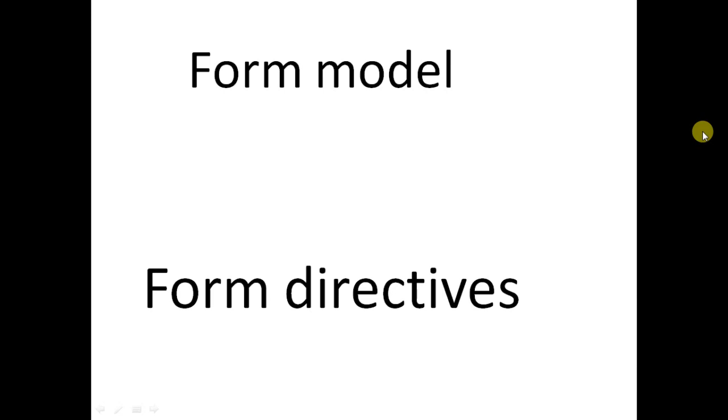FormGroup usually represents a part of the form and is a collection of form controls. FormGroup aggregates the values and the statuses of each form control in the group. If one of the controls in a group is invalid, the entire group becomes invalid.